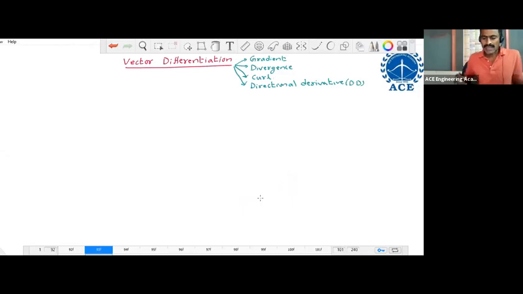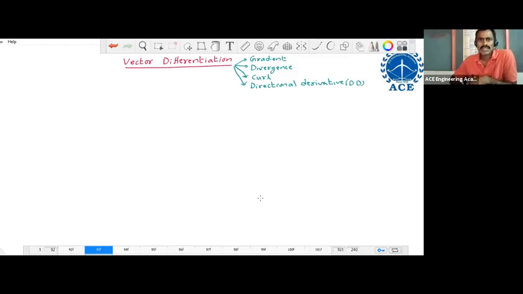Before starting vector differentiation, first we write the results of vector algebra that we require for this vector calculus.